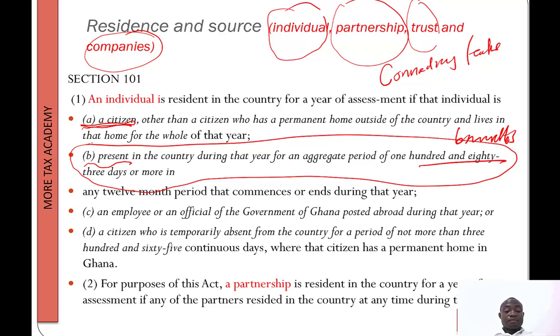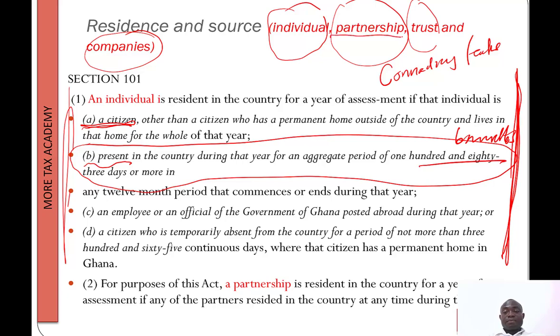So if you come back at 364, you fall within it. So these are the rules that help us to define who a resident person is. If we're able to apply these rules, then we can bring you under section 3 to come and apply the law to you. So that is individual.